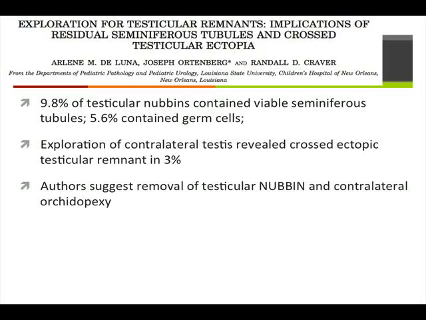Also, when they explored the contralateral testicle, 3% of the time they found a little bit of an ectopic testicular remnant that had crossed over from the cryptorchid side. So these authors suggested that if you see that, you should remove the nubbin and maybe do a contralateral orchidopexy.